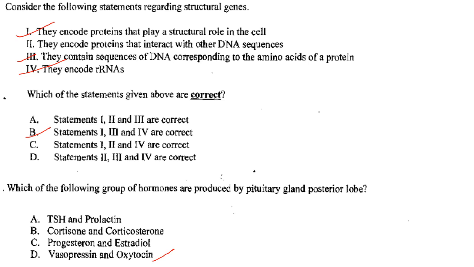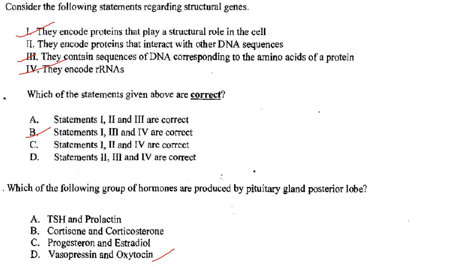Then consider the following statements regarding structural genes. Which of the statements given above are correct? They encode proteins that play a structural role in the cell. So that is correct. Then next one, they encode proteins that interact with other DNA sequences. That is not correct.